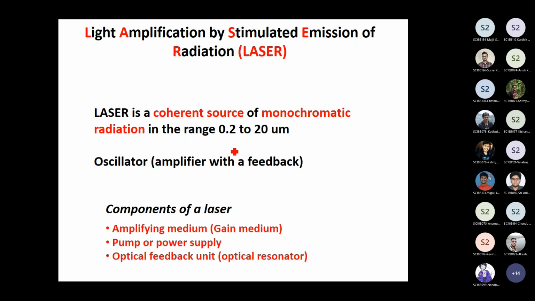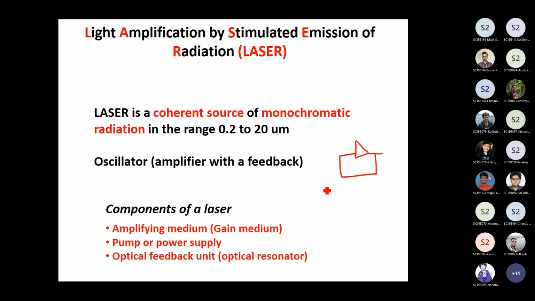You might have studied electronic oscillators, which are constructed by having an amplifier with positive feedback. The amplifier provides the gain, and the feedback path ensures that some part of the output signal is fed back to the input. You satisfy a particular condition so that you get a particular output from the oscillator.